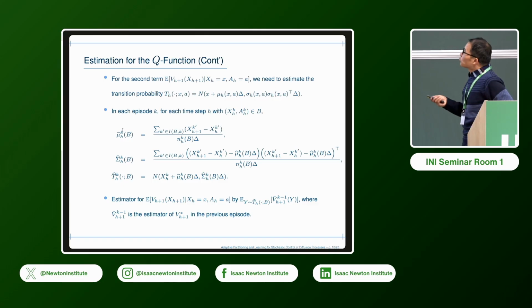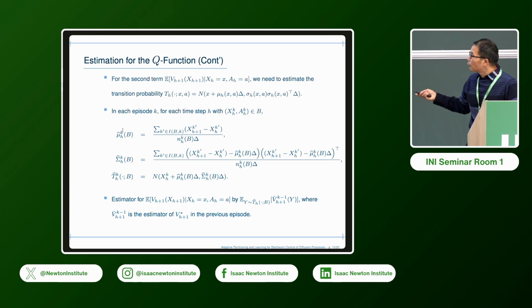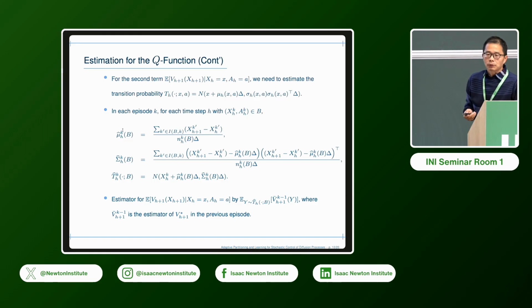Well, with this estimation of transition kernel, we naturally estimate this second part by the expectation of our future value with the random variable x_{h+1}^k following the estimated distribution, and for the value function, we can only use the estimation of the value function from the previous episode.